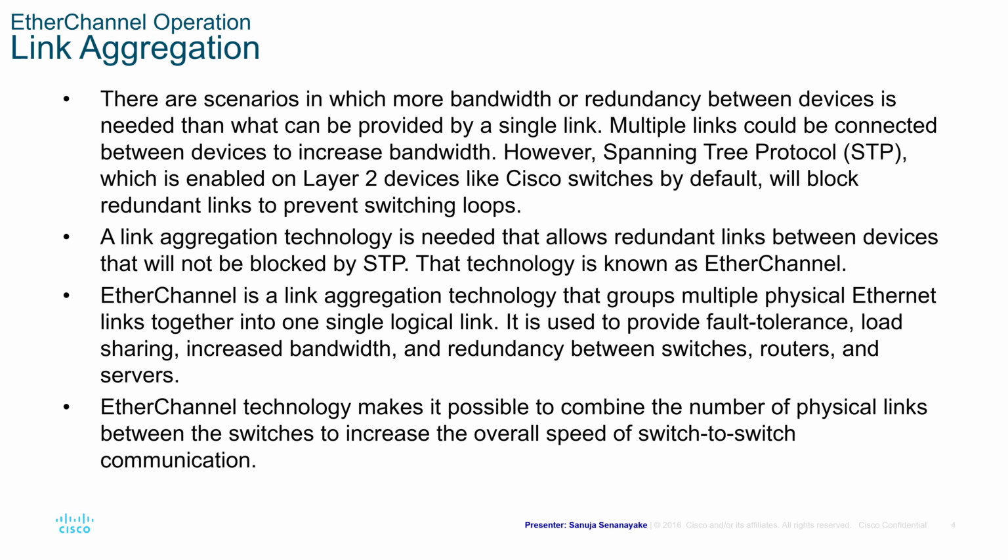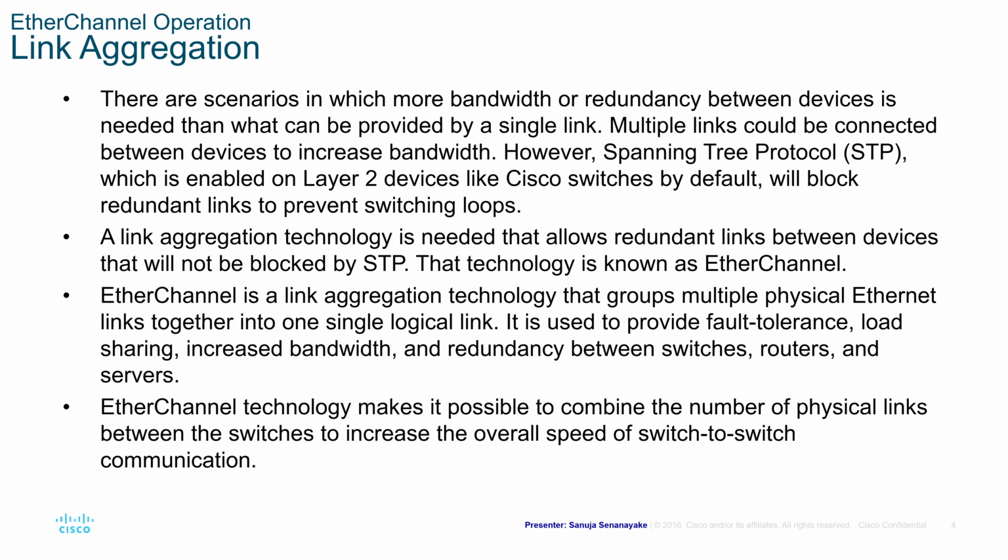EtherChannel is a link aggregation technology that groups multiple physical Ethernet links together into one single logical link. It is used to provide fault tolerance, load sharing, increased bandwidth, and redundancy between switches, routers, and servers. So the primary purpose of an EtherChannel, if you were asked that question in an exam, is to allow multiple physical Ethernet connections between devices and overcome the issue that STP may have posed as a result of having those multiple links.